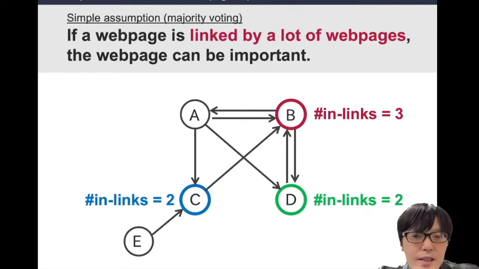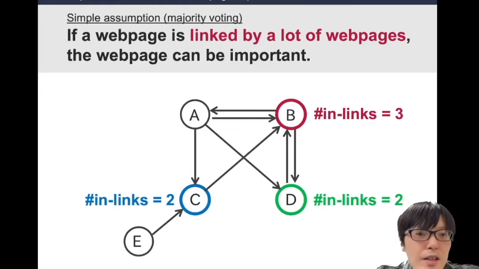Here we find that the page B has 3 in-links. Page C has 2 in-links, and page D has 2 in-links from A and B. Based on this simple method, majority voting, we think that page B is the most important on this graph because the number of in-links for page B is the largest.